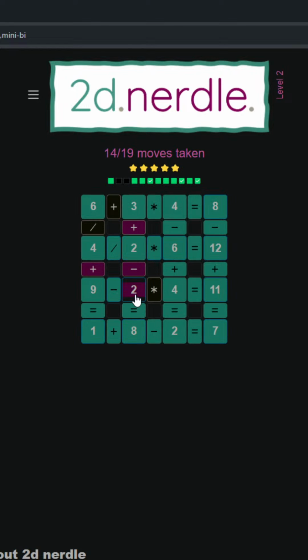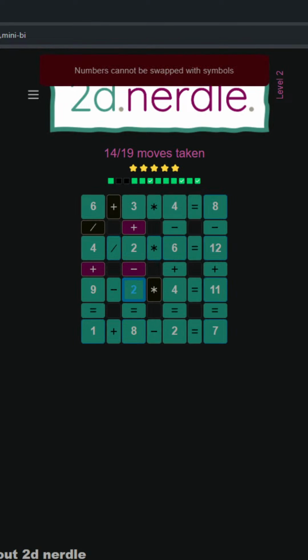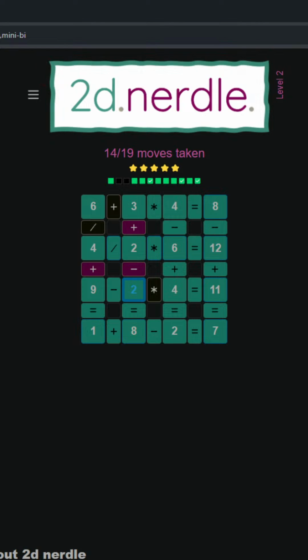This has to swap. That's in the correct spot. Now it's the operations. 6 blank 4 or 9 is, it would have to be 6 plus 4.